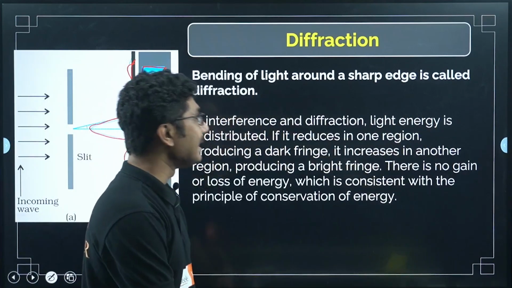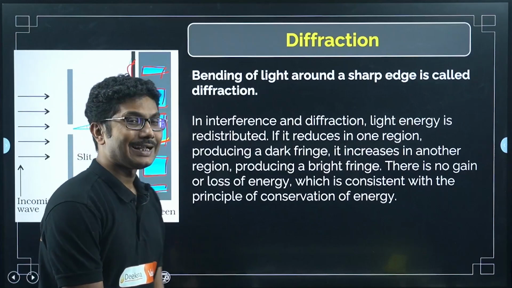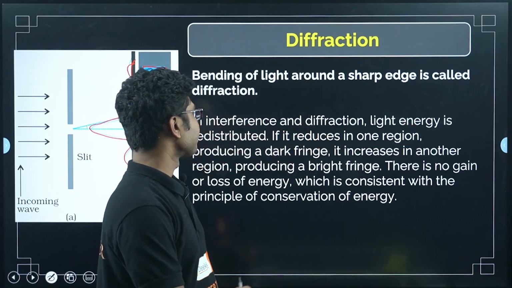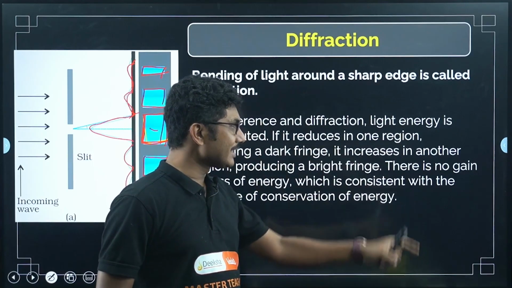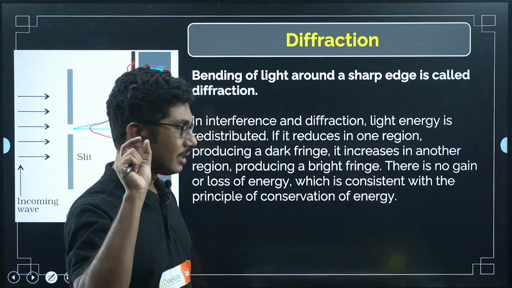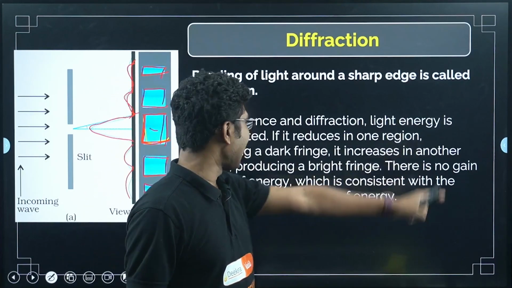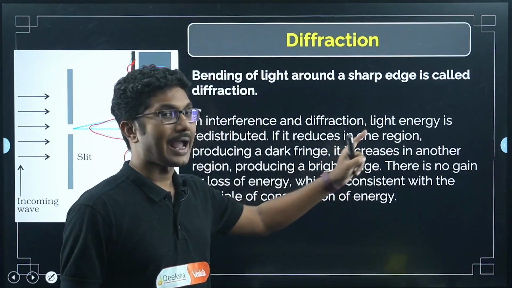What is happening here is that light energy redistributes itself, which is very important. If it reduces in one region, producing a dark fringe, it increases in another region, producing a bright fringe.